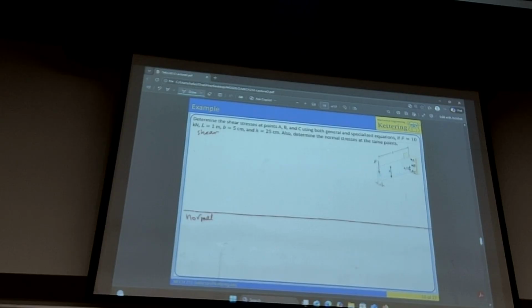Given this cantilever and dimensions and the force, we want to calculate shear and normal stresses. Calculation of normal stress is nothing new, we already did it. I just want to do them side by side as another example. I'll give you time.